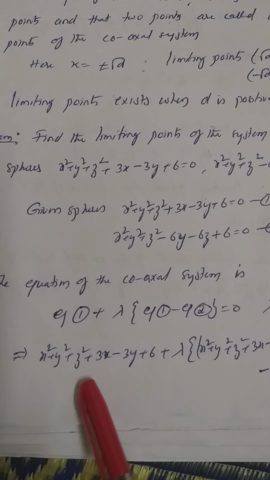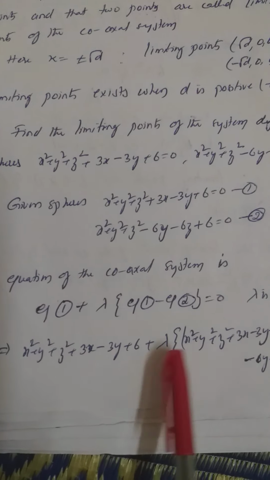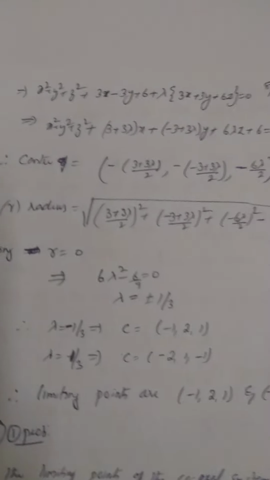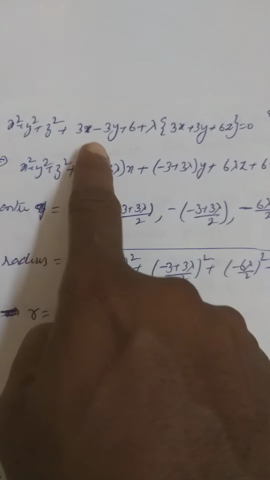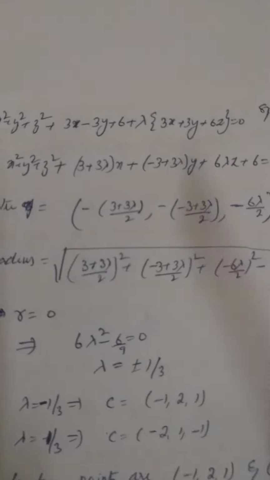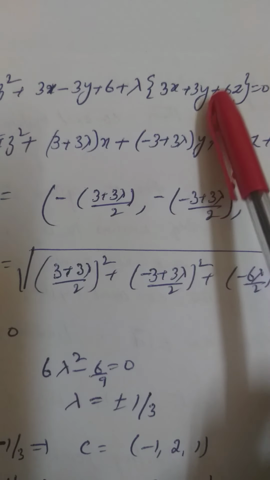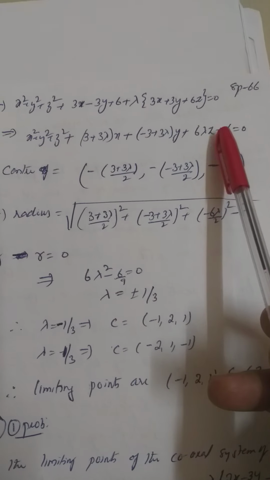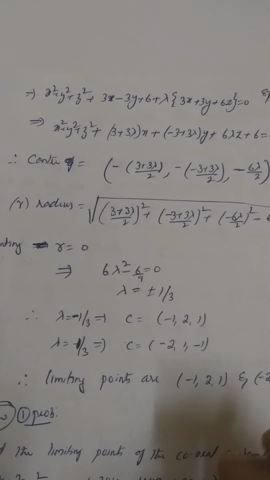Now we are substituting the values here, equation 1 plus lambda into (equation 1 minus equation 2). We will get a plane equation. Now this is the first sphere plus lambda into the difference value. Now rearranging the terms, find the center of this sphere. How to find the center of the sphere?